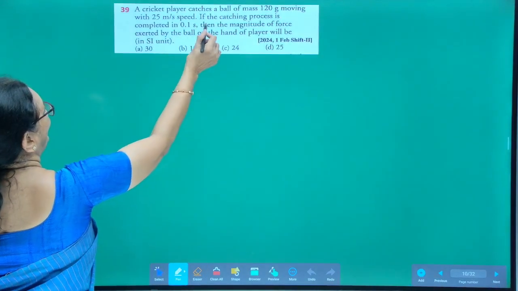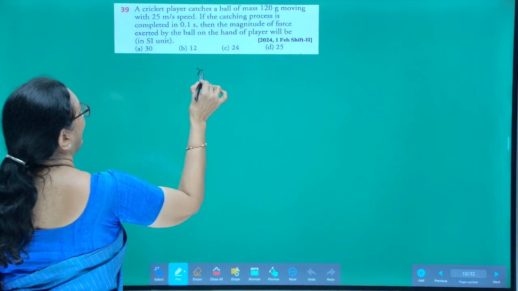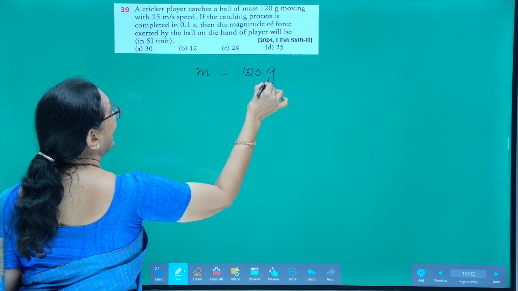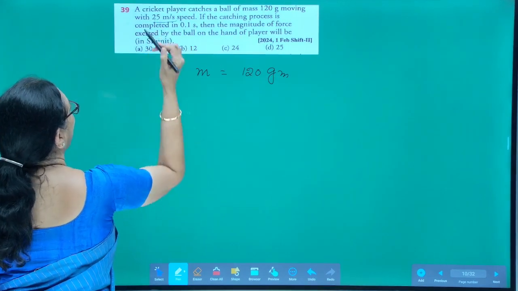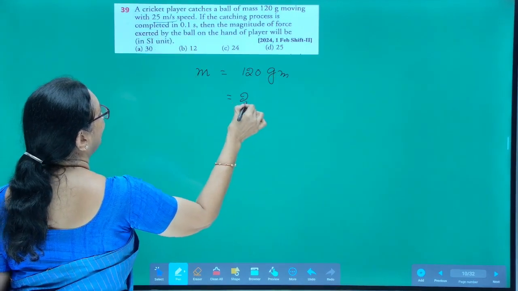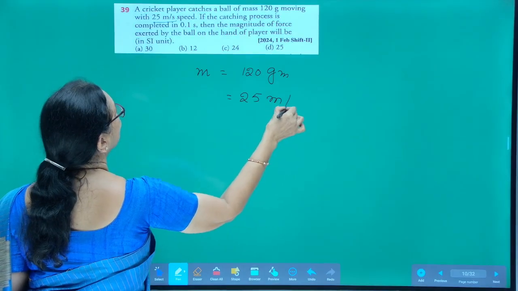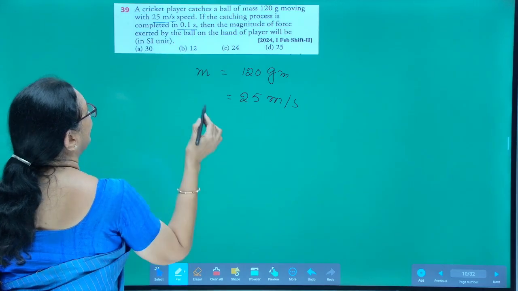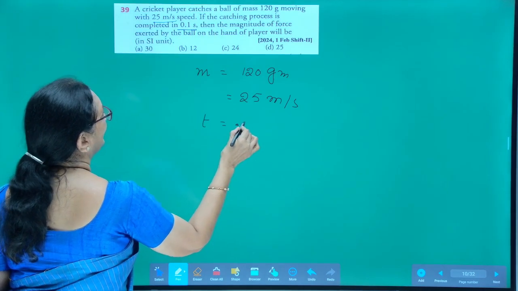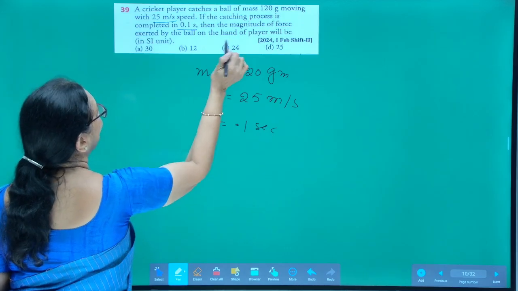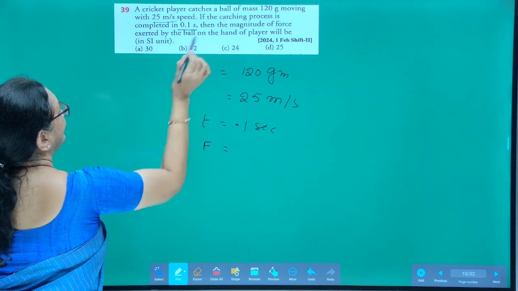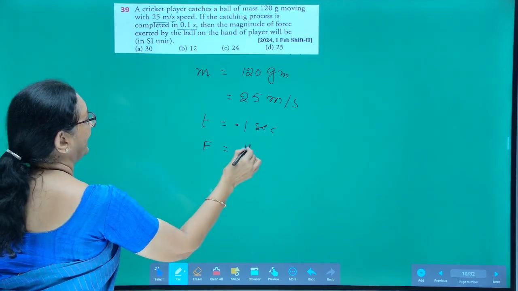A cricket player catches a ball of mass 120 gram moving with a velocity 25 meter per second. If the catching process is completed in 0.1 second, find the magnitude of force exerted by the ball on the hand of the player.